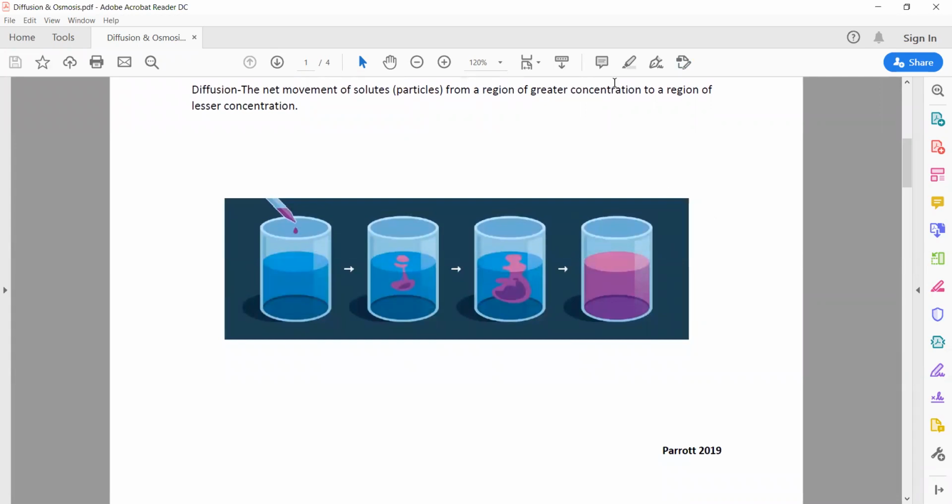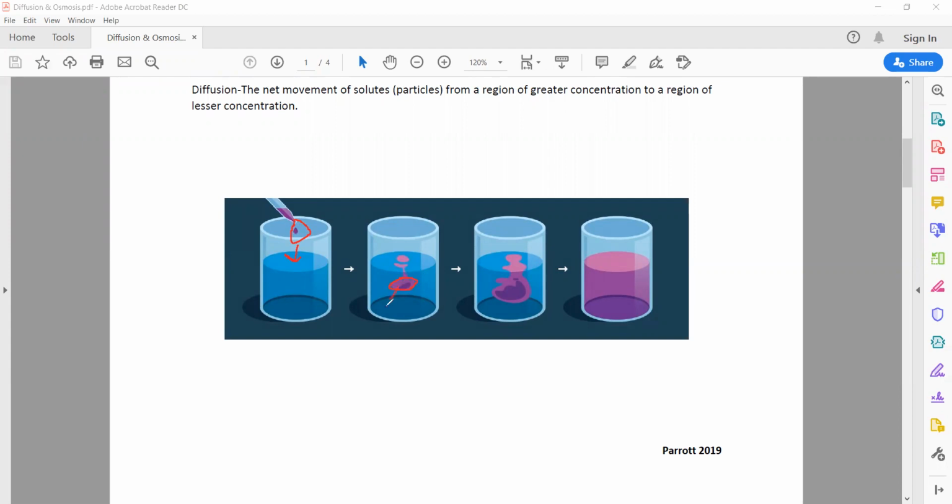Here's another picture. So if you think about this picture as you're drinking hot tea, and we'll think about this little drop here as being a sugar cube, and you're going to drop that sugar cube into your hot tea. So your solute is this little sugar cube up here. So you drop it in this area that I'm circling in red here. That is your area of greater concentration.